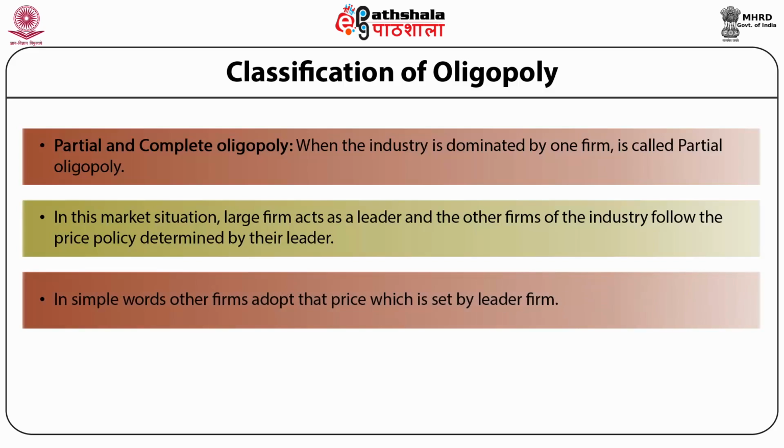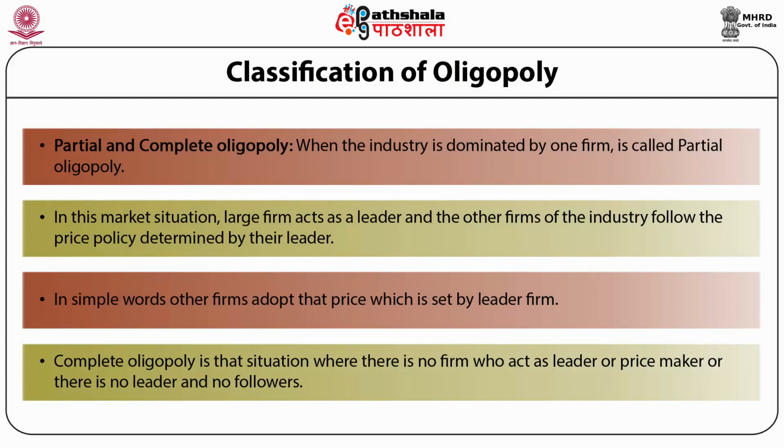In simple words, other firms adopt the price which is set by the leader firm. Complete oligopoly is that situation where there is no firm who acts as leader or price maker, or there is no leader and no followers.